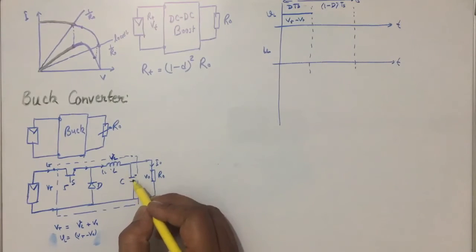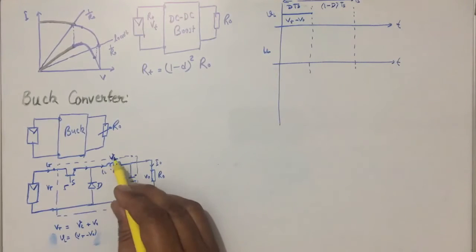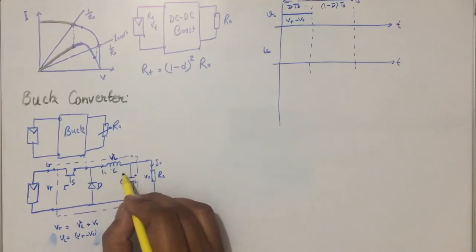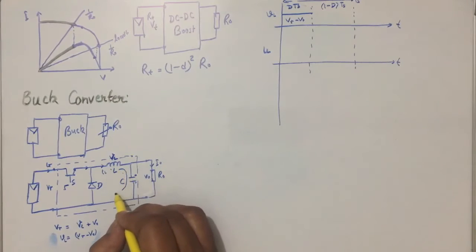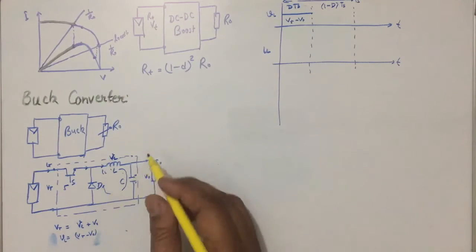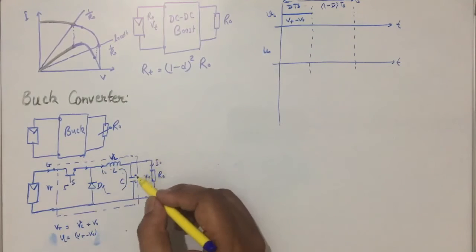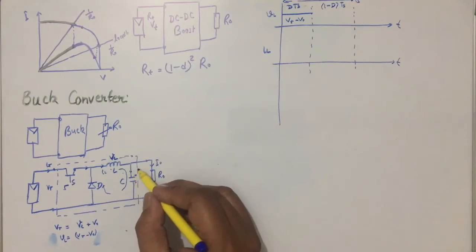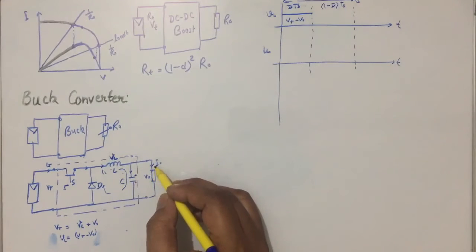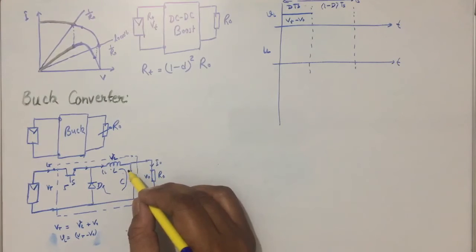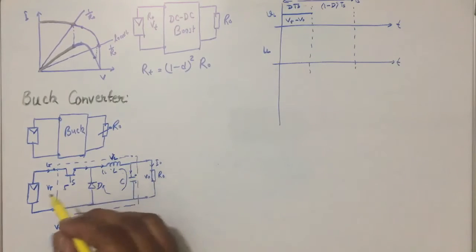at that time this discharges, and the path of the current will be like this, and another path of the current will be like this, and part of it will come through this. So when it is discharging, again part of the current will come like this and part of the current goes to that.